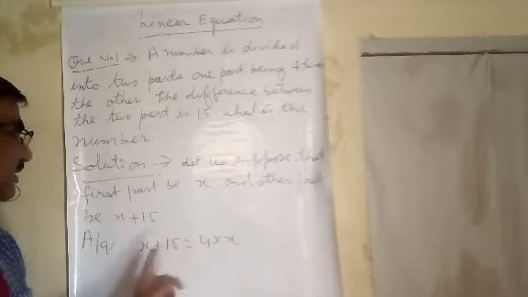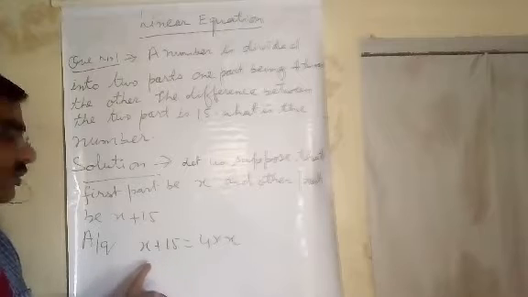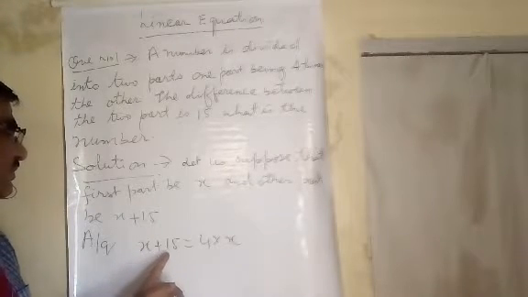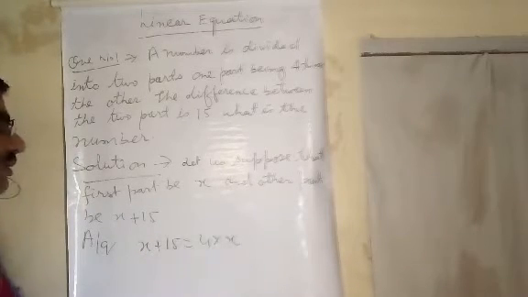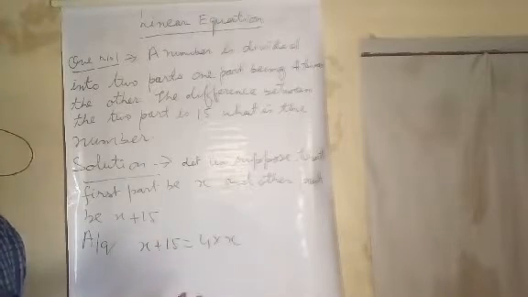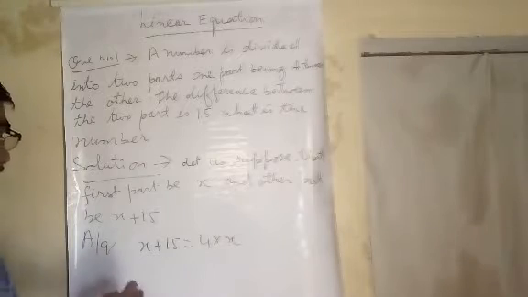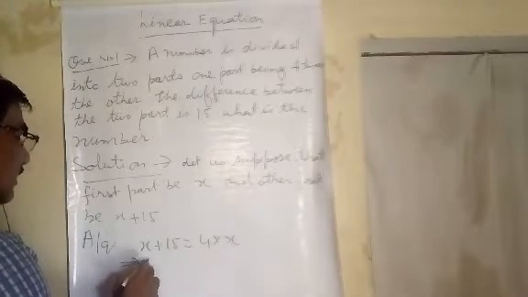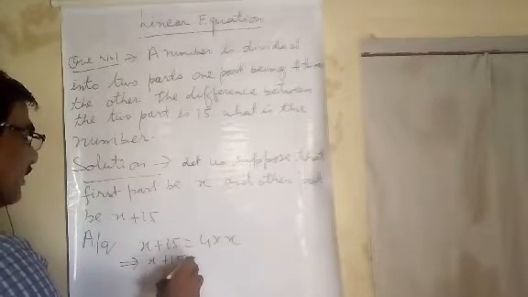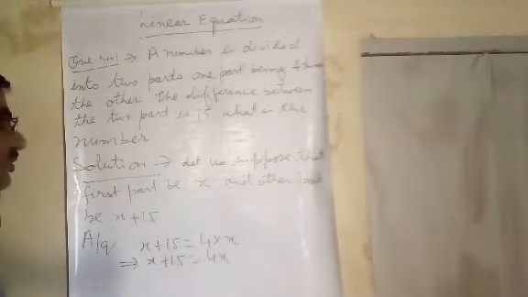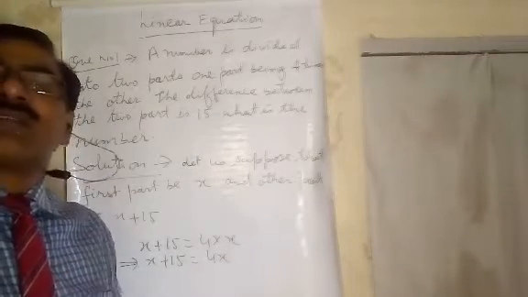One part is x, another part is x plus 15. So let us take x plus 15 equal to 4 into x. 4 times means 4 multiplied by x. Now it will be x plus 15 equal 4x.